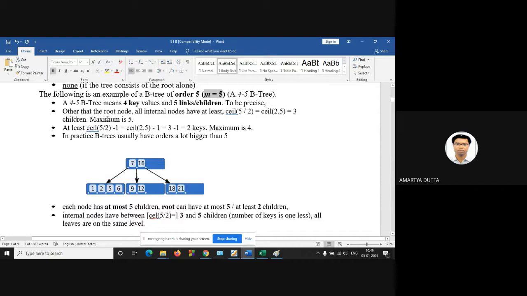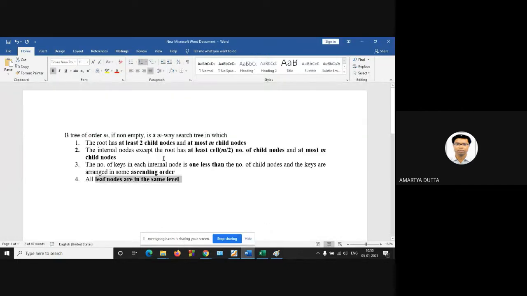So this is a B tree of order m, where m is 5. When you are given that m is 5, then it has m minus 1 keys. The number of keys in each internal node is one less than the number of child nodes.